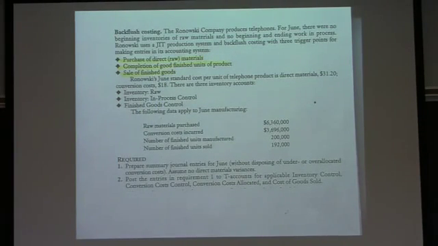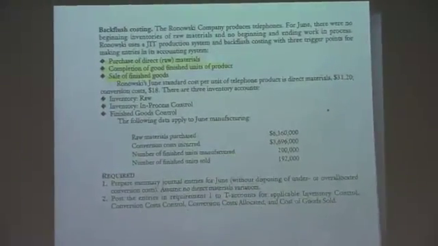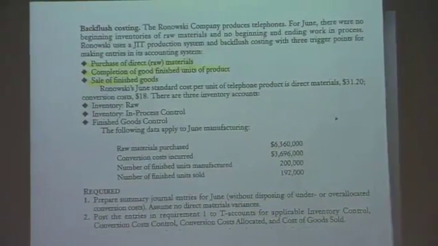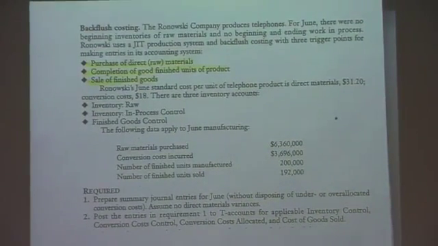Now, if you think about the process of making telephones, there are probably multiple departments that the finished goods go through, from the beginning of the raw material stage to the actual phone itself. And with the multiple layers of departments, if you don't use backflush costing, companies will end up recording the transactions at each step as it moves through the production line.